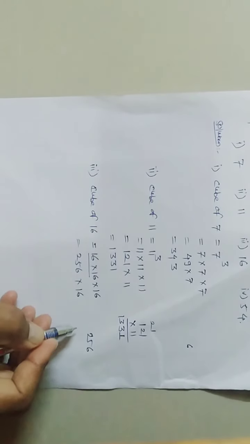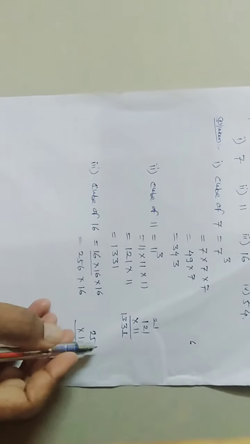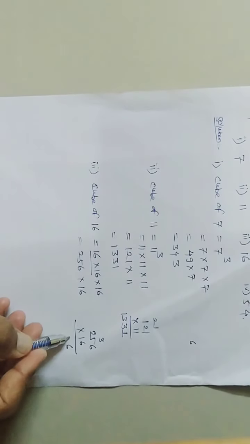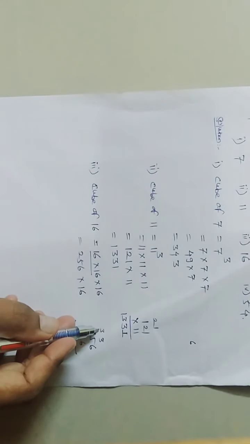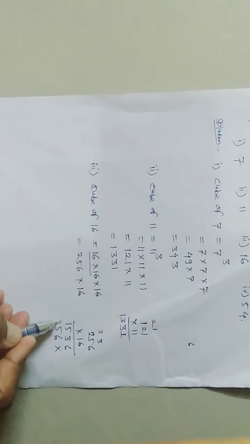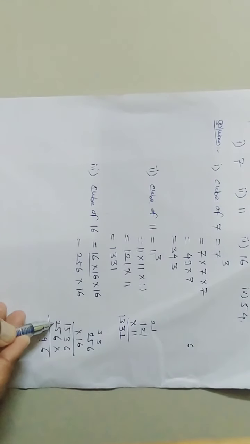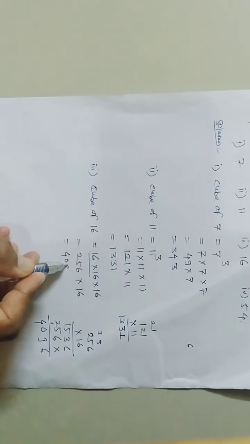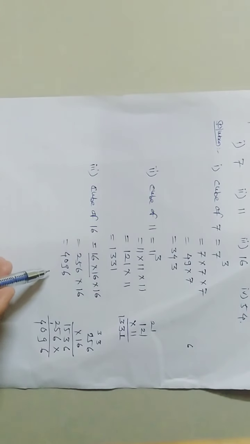So 256 multiplied with 16, 6 sixes are 36, 3 carry, 6 fives are 30 plus 3, 33, then 3 carry, 6 twos are 12, 12 plus 3, 15. Then multiply by 1: 1 six is 6, 1 five is 5, 1 two is 2. So 6, 5 plus 5 is 10, 2 plus 1 is 3, 4. So 4096. So the cube of 16 is 4096.